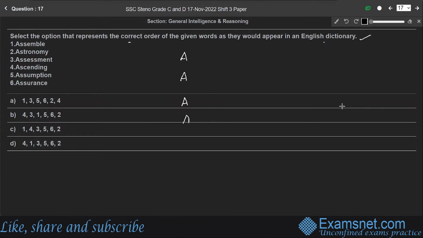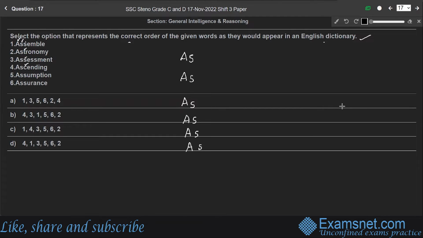So 6 words. Even the second letter is the same in each word. So A, S, A, S, A, S, right? So look at the third letter. In the first word it is S. The second word it is T. Again S, C. C comes before S and T.